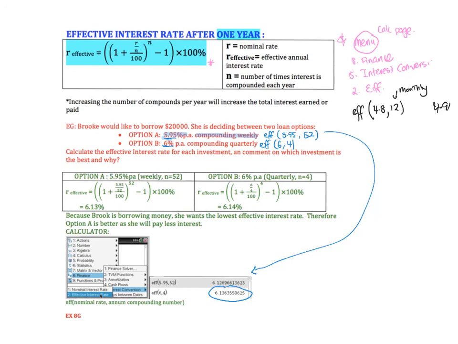Oh, sorry, that's not the better option. She wants the lowest. She doesn't want to pay too much interest, so she'll take the lowest one, this one. If you were investing, you would want the higher one, because you want the higher effective rate to make more money.